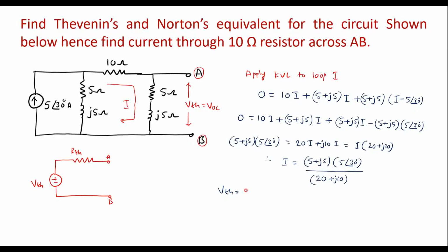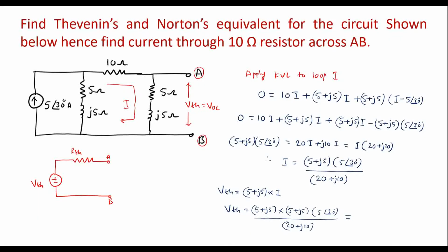Therefore VTH, or VOC, is the voltage across 5 plus J5, that is (5 plus J5) into I. Therefore VTH is equal to (5 plus J5) into 5 angle 30 whole divided by (20 plus J10).